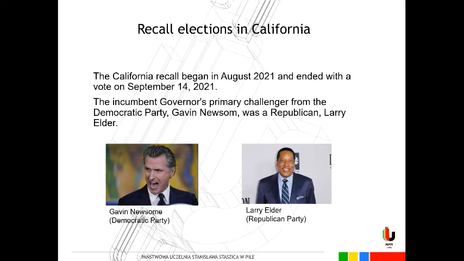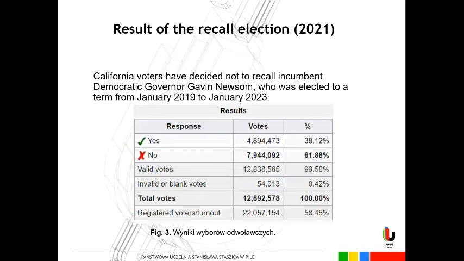That was Gavin Newsom, the incumbent governor, and his rival Larry Elder from the Republican Party. The idea was to compare the tricks of the trade employed by those two candidates in order to see which way of employing them works better. Marlena, if we could move on.